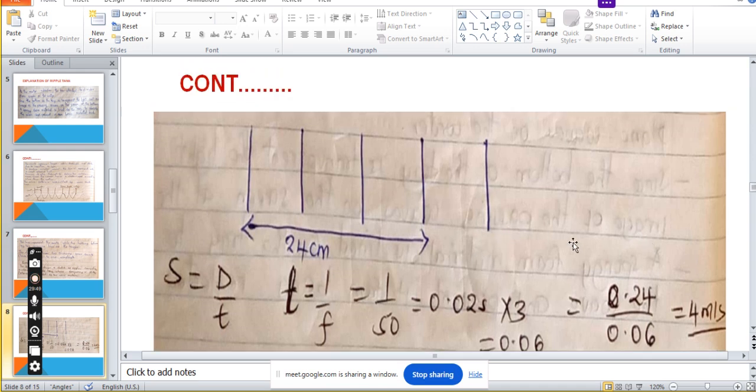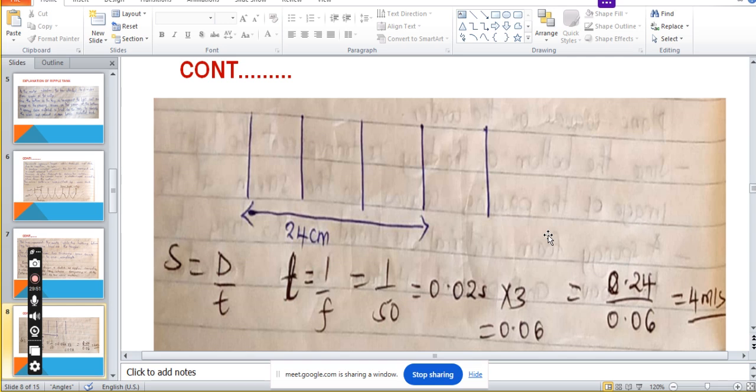And then you have to count, to get the total time. When you look at the distance that we have been given, it is 24 centimeters. You have to change this 24 centimeters into meters, so you divide by 100 to get 0.24. And then time will be from the number of separations.